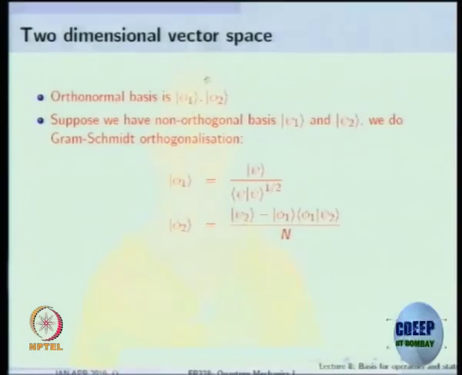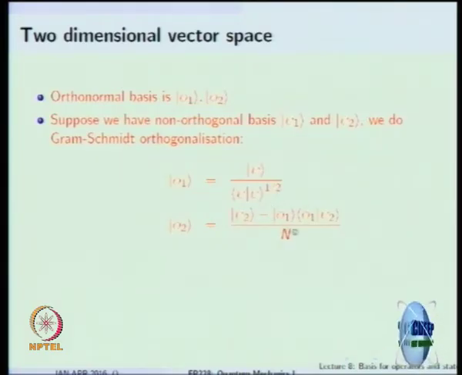Okay, so this is what I went through just now, that you have phi 1 phi 2 which is an orthonormal basis and psi 1 psi 2 which is non-orthogonal, and you can do a Gram-Schmidt orthogonalization. In the process you see that |phi 1><phi 1|, this outer product, is nothing but a projection operator projecting onto the subspace phi 1, and you subtract that out, and then what you get is the state which can be the orthogonal basis to phi 1.